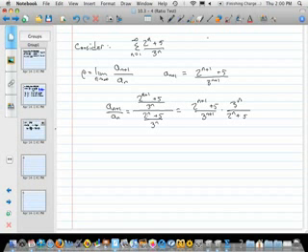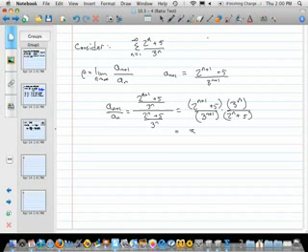All right, so let's keep calculating that. Since I'm multiplying fractions, I don't have an order of multiplication here. I can switch these, so I'm going to combine the 3 to the n.